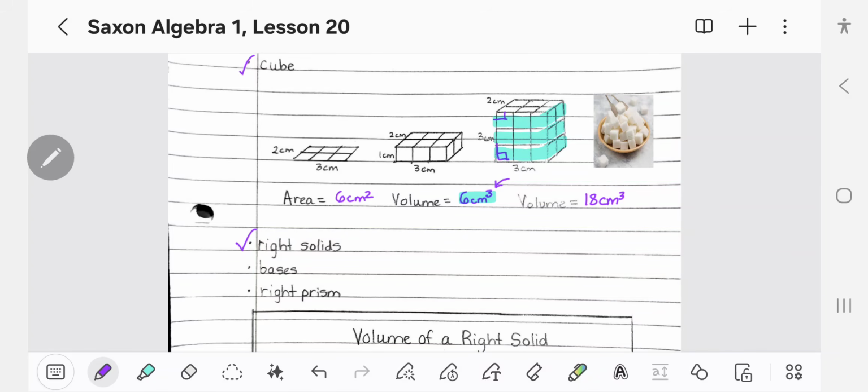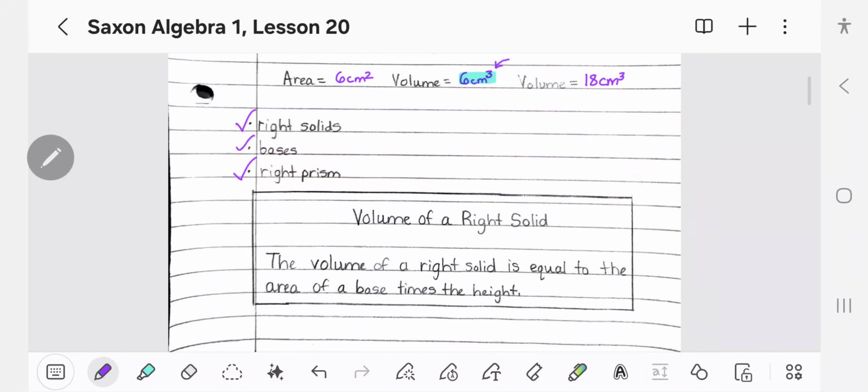And then it's also reminding us about the bases. When it's talking about the base, it's like this top and this bottom that we can't see down here. Those are your bases. And then it reminds us about a right prism. It says if your bases are polygons, then you have a right prism. We talked about that in another video, but they're just reminding you of those things in this lesson.